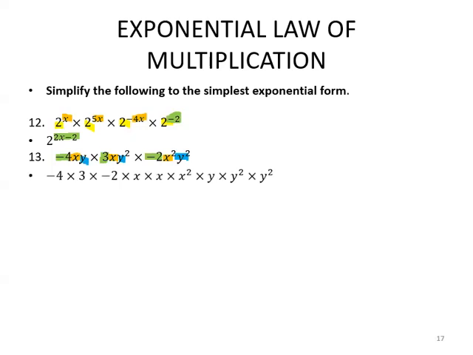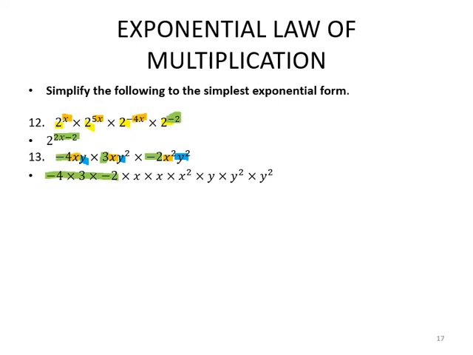Do you need to do this step? The answer is no. But here I'm just breaking it down to show you how I did it. Okay, so what is minus 4 times 3 times minus 2? Minus 4 times 3 will give you minus 12.